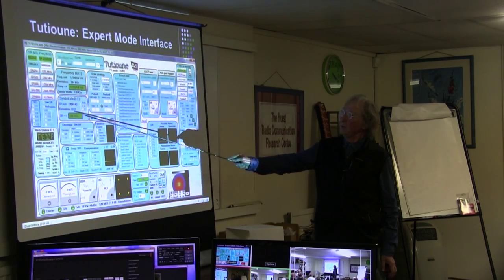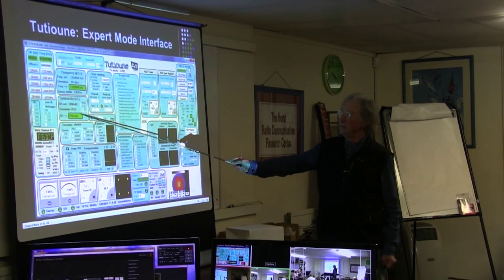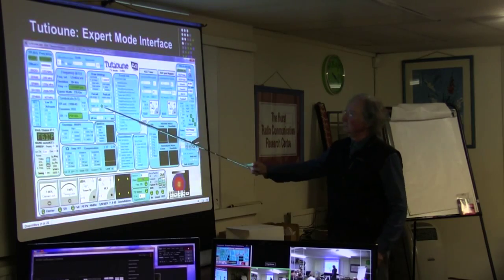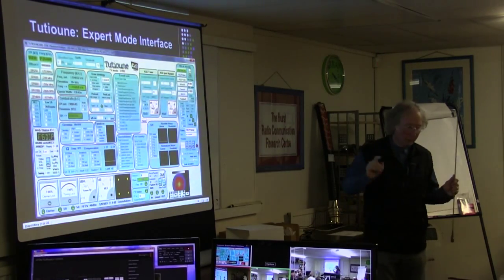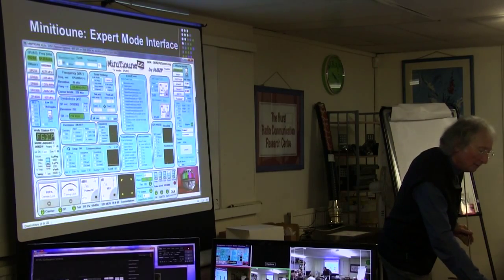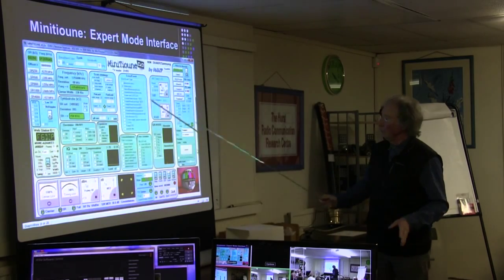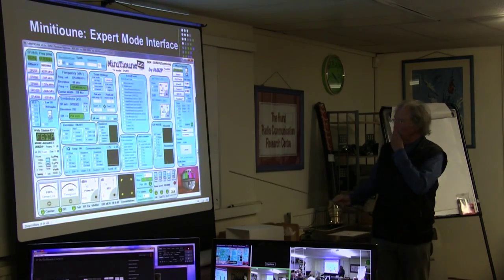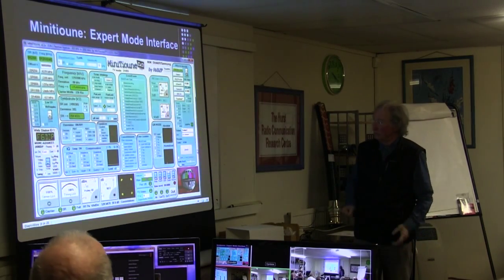If you add them, we are about 250 kilo symbol. This panel will be important and we will see it. Minitune is the same. You have something now with Minitune in expert mode. It's very similar. I have just changed the place of some buttons.